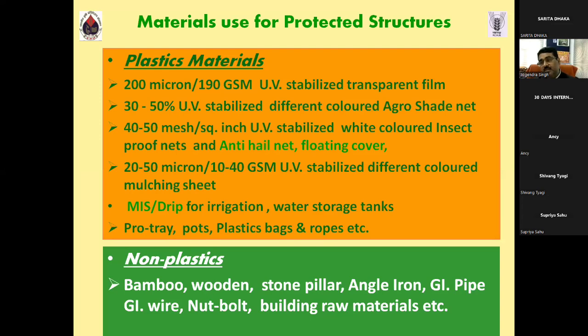Every material has to be UV stabilized. This is clear: without UV stabilization, we cannot promote. So all polythene used for covering the polyhouse is 200 micron, and installed inside are different agro color shade nets, 30 to 50%, 40 to 50 mesh insect proof net, and drip irrigation system, and micro mulching of 20 to 50 micron, and MIS and drip irrigation system, and pro trays, pots, ropes, and others.